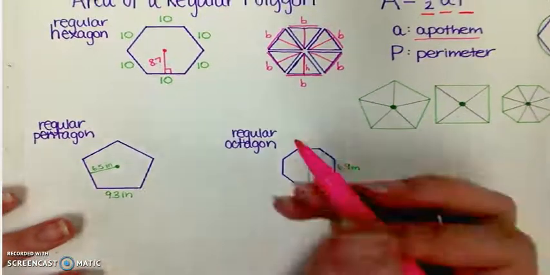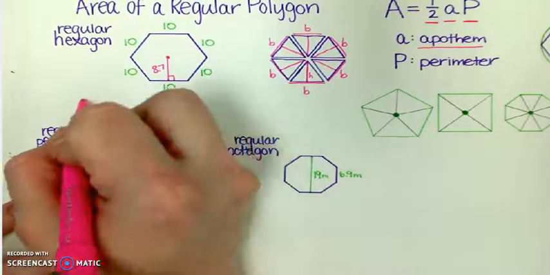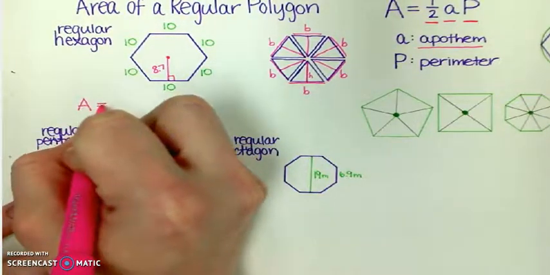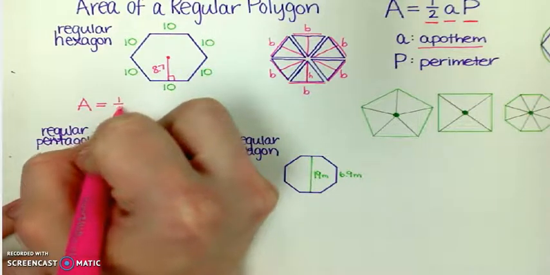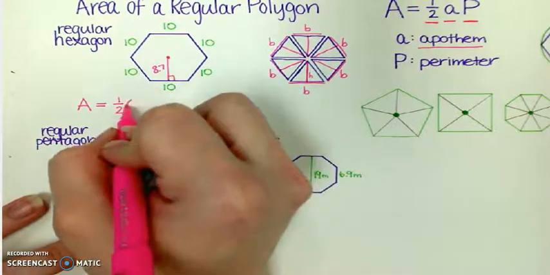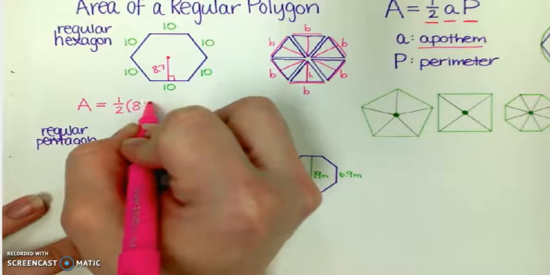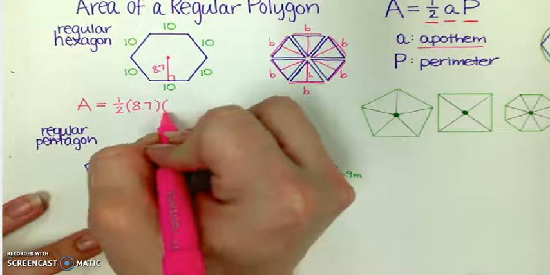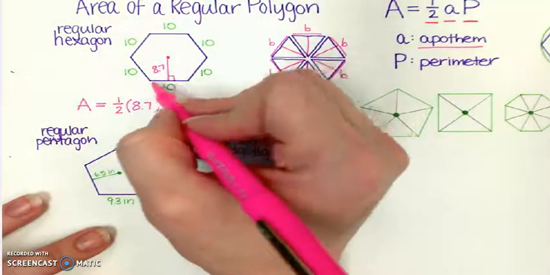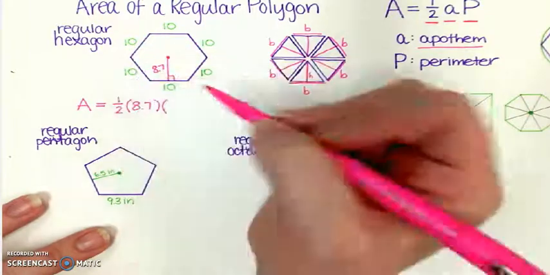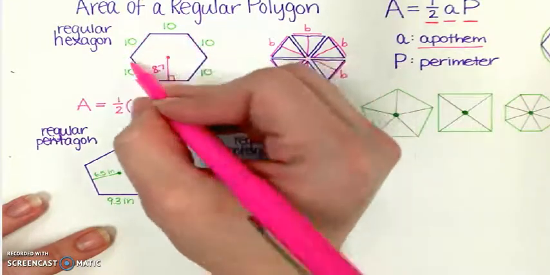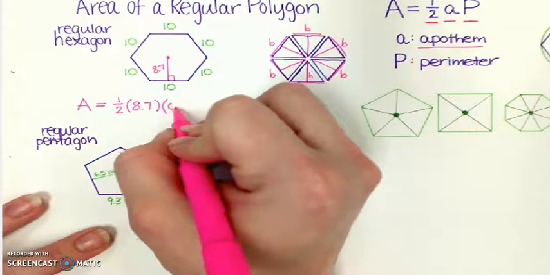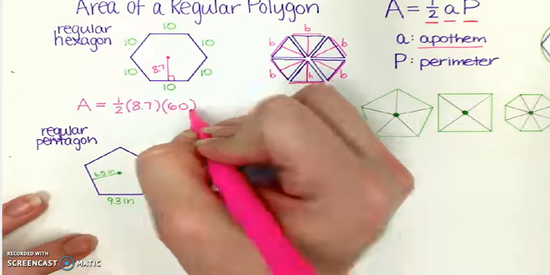Well, maybe we should do this hexagon. So all we would have to do to find the area of that hexagon is to take 1/2 times the apothem times the perimeter. And perimeter is just adding all those sides together. So we'd add 6 10s in this example. The total perimeter would be 60.